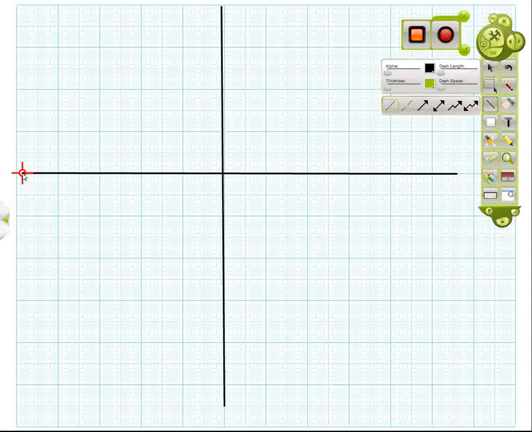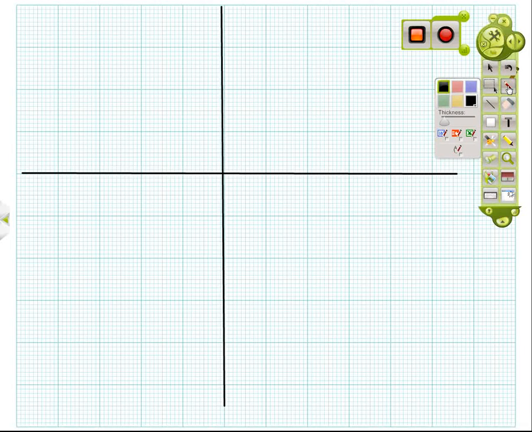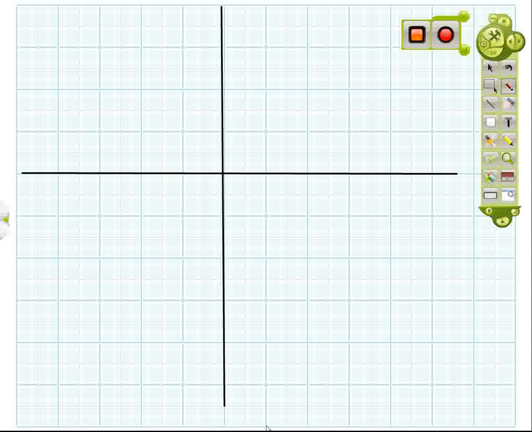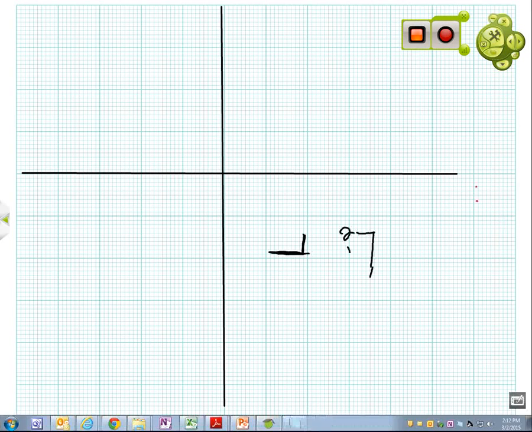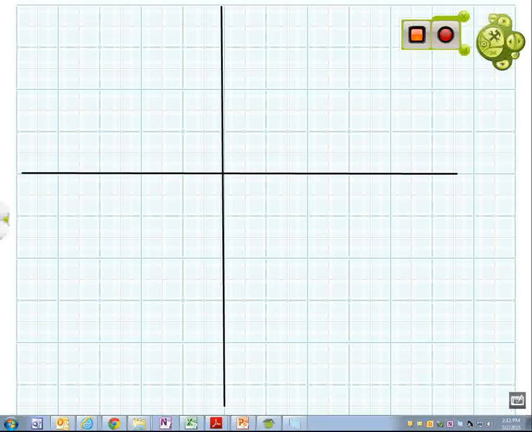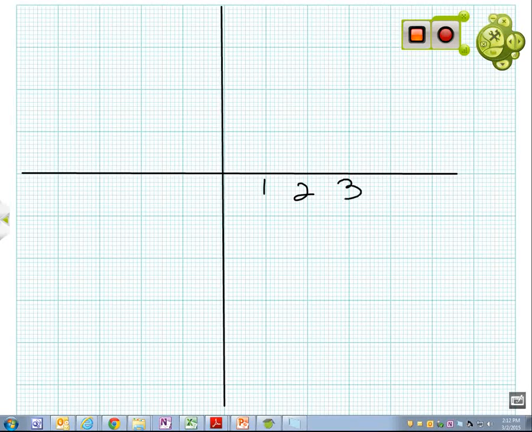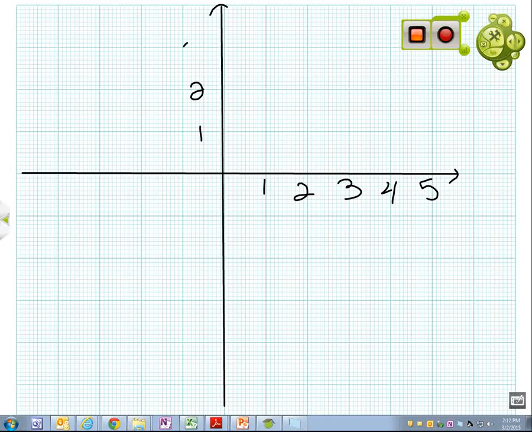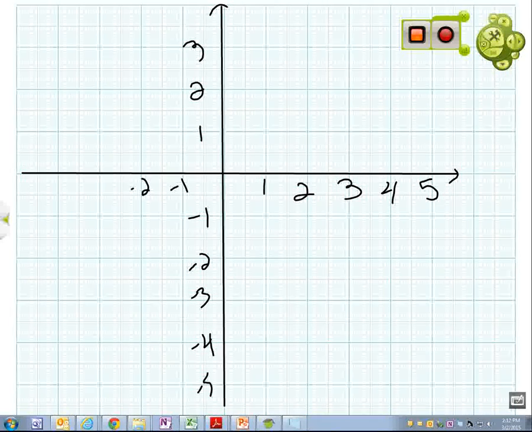There's my x-axis. My x-axis here, we're going to have it be 1, 2, 3, 4, 5. 1, 2, 3. Negative 1, negative 2, negative 3, negative 4, negative 5, negative 1, negative 2, negative 3, negative 4.